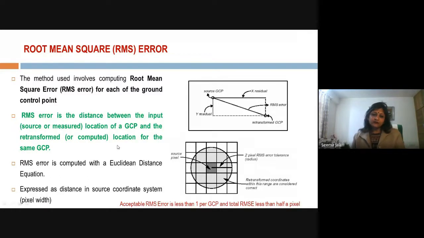Now we'll apply this concept to the problem we are dealing with. I use 3 sets of control points. I build 6 equations. I calculate the values of 6 coefficients. For those 3 control points, I have the input image coordinates and also the output map coordinates.